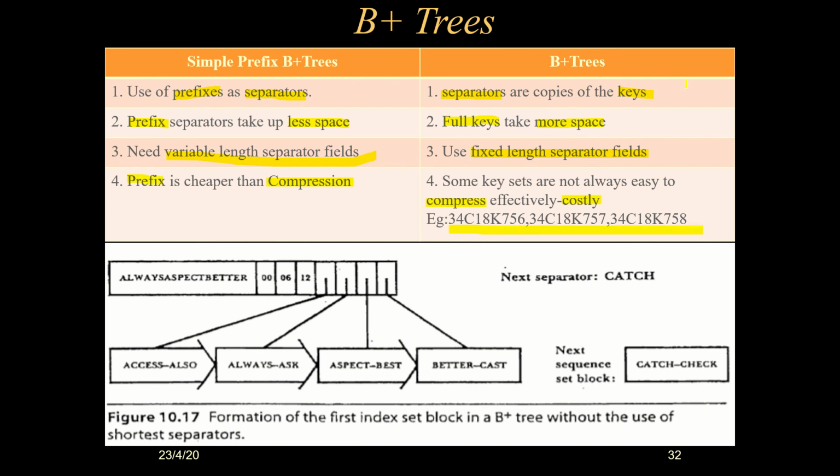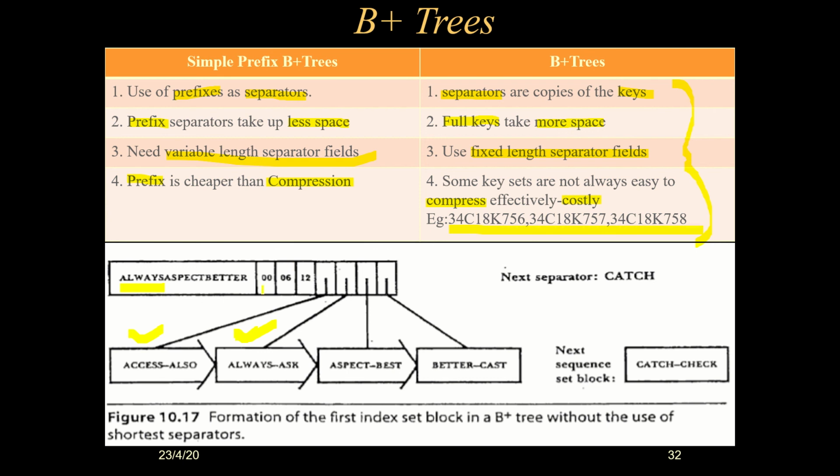Because of these four points, we can tell that B plus tree is more efficient compared to simple prefix B plus tree. Now we'll see an example of B plus tree. How is it different compared to simple prefix B plus tree? Here, this is the example. See, always is the key of my second block, in the sense key equal to always and greater than always will be found inside my block 2, and key less than always will be found inside my block 1.